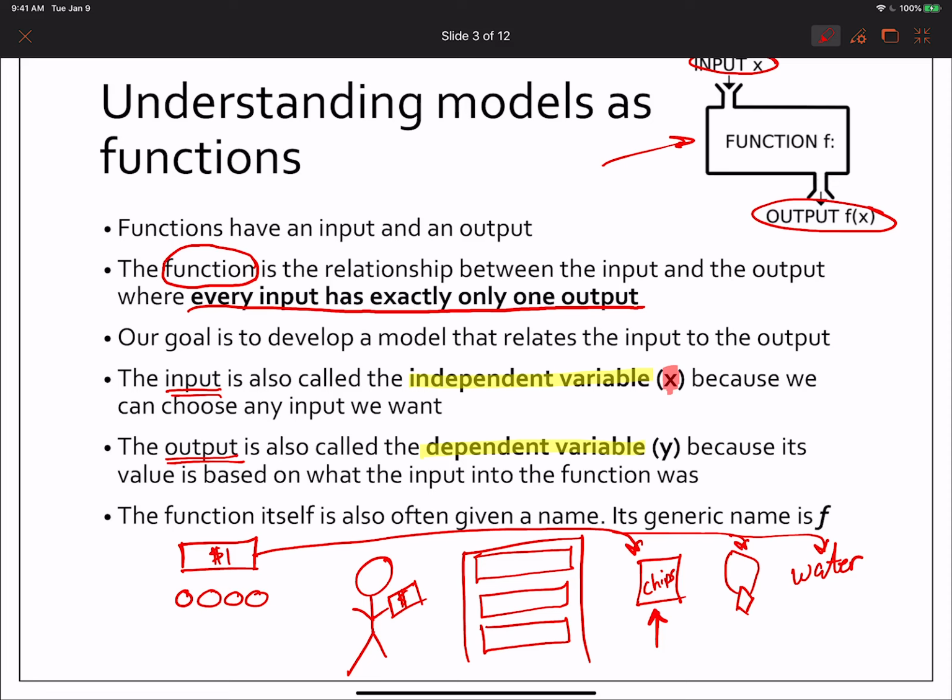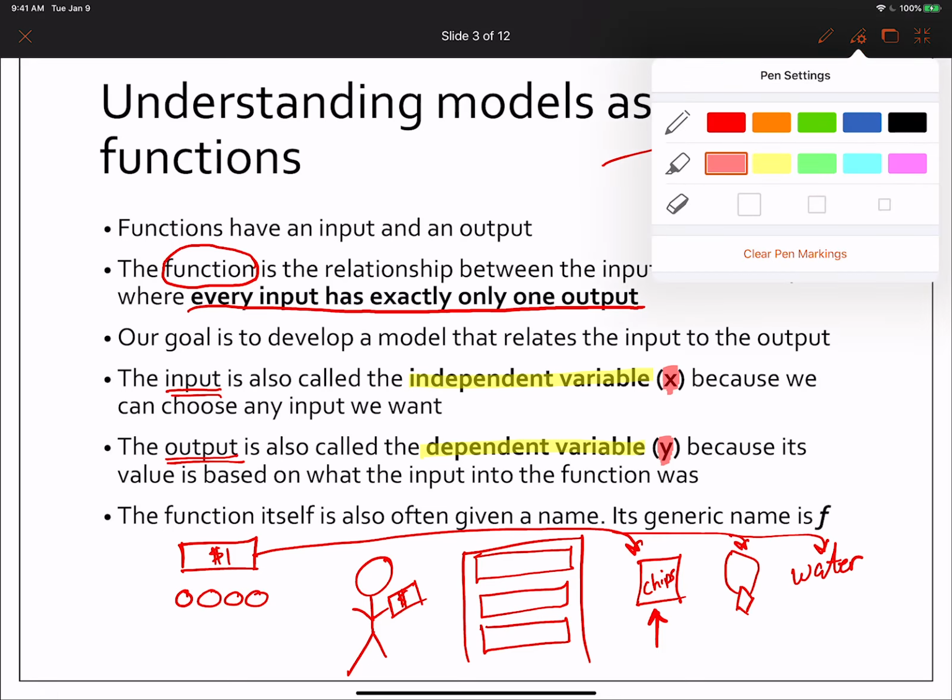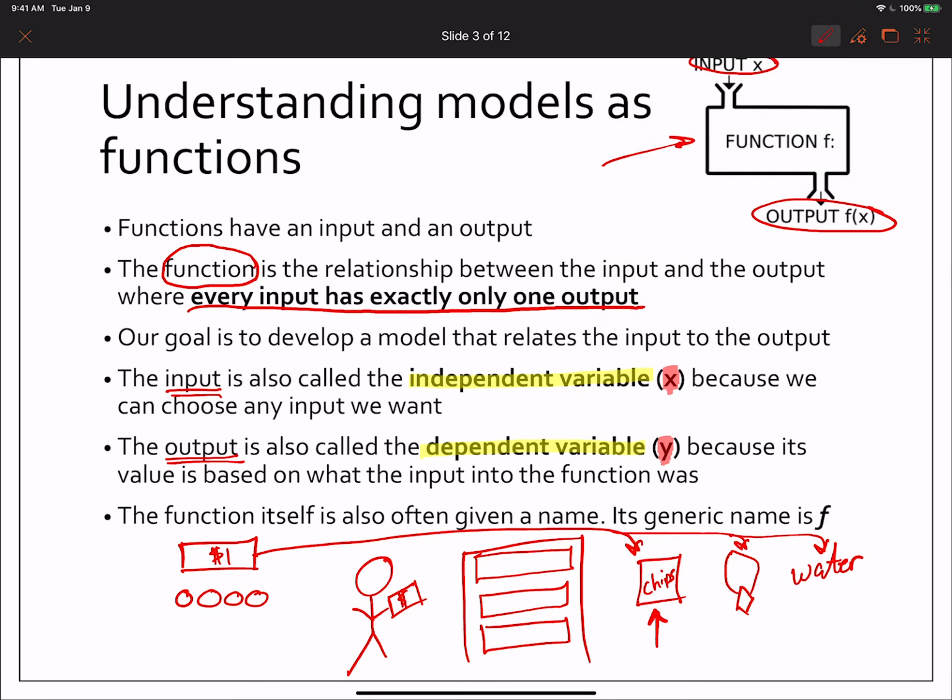And in general, if we don't have a specific name, we will call our output Y. But this is the same thing we spoke about before, where this is like the John Doe of functions. It's just a generic name. We'll call this one the Jane Doe. So if you watch crime shows, whenever they have a body and they don't know who the person is, they call it John Doe or Jane Doe.